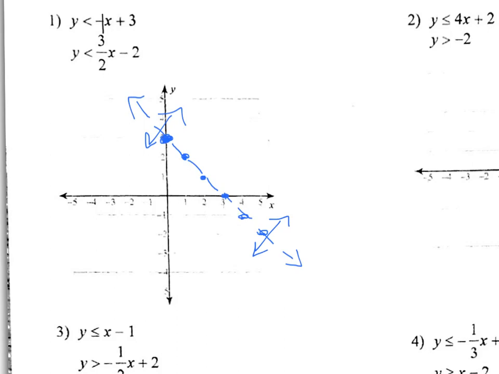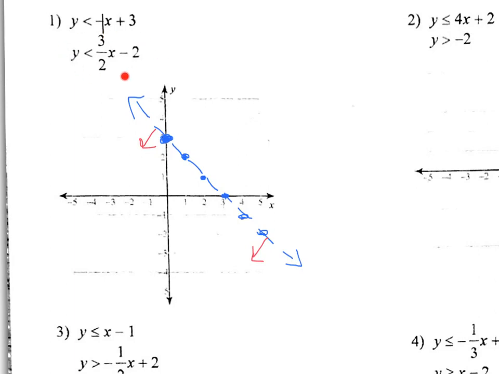So we don't need the arrows. We only need the arrows going in this direction. Now, we're going to draw our second line.